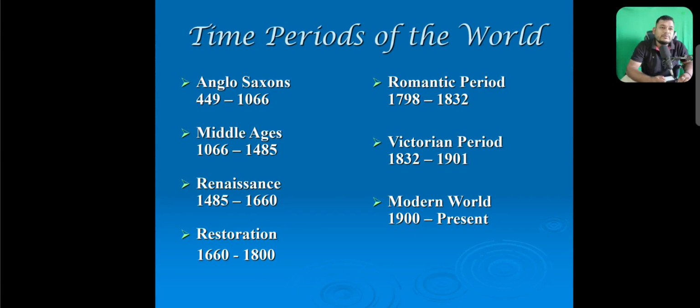We should remember all of them because this is the chronological order, and if you remember these points, it will be much easier to remember all the later topics properly. We should remember the years and the chronological order of the periods.